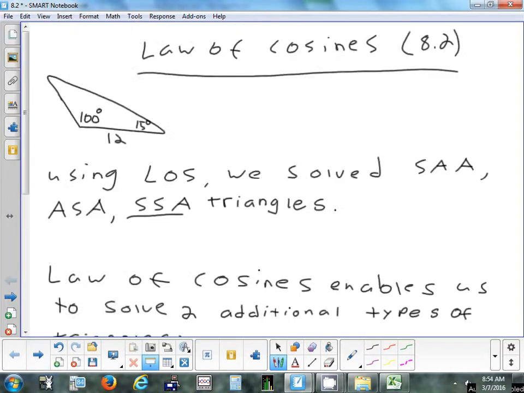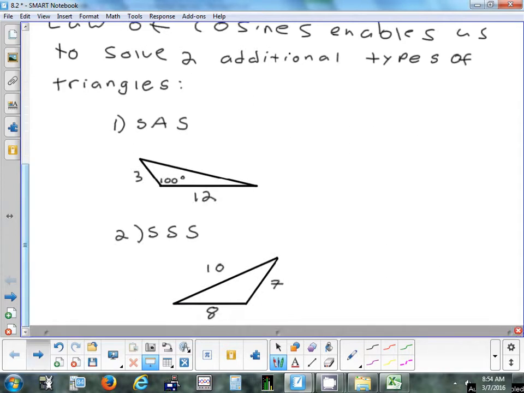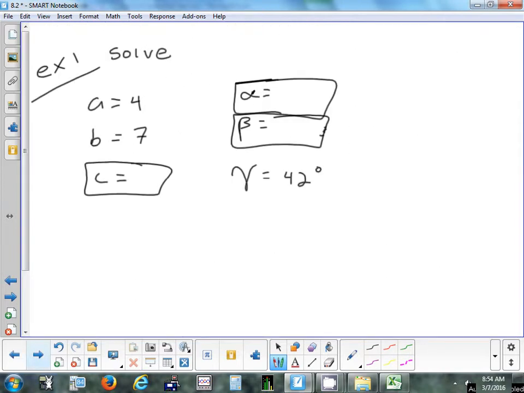All right, so let's look at this one. Before we start to solve it, I'm going to give you the formula for law of cosines in a minute, but I want to see why we can't use law of sines. To determine if it's law of sines using the SAS or side, side, side, you'd have to draw a picture. But does anybody remember looking at the table? I said you have to have a row that's full, right?